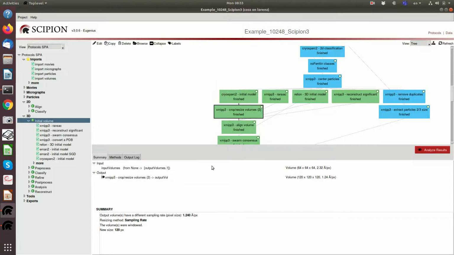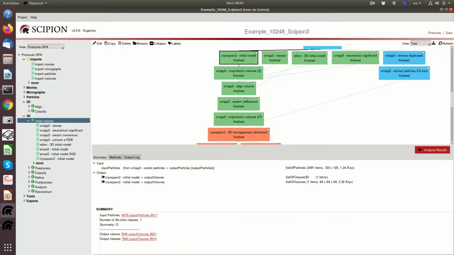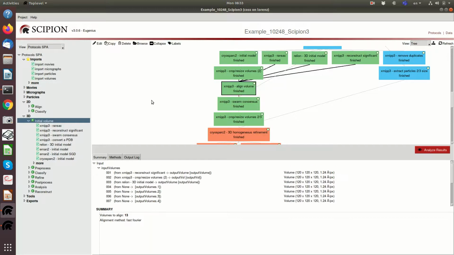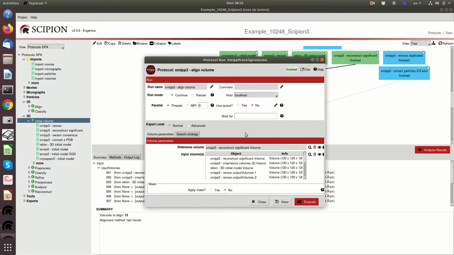Okay, so once you have all of them at the same size, so all these volumes are at 120, we align them. The alignment of the volumes serves two purposes. One is that they all more or less have the same orientation, so that the next algorithm will have a better time and finds it easier to align the different volumes.